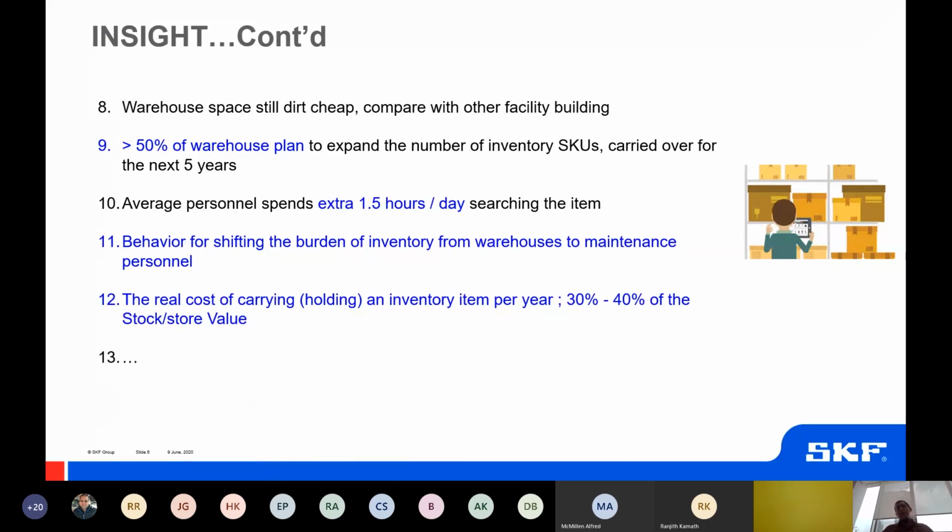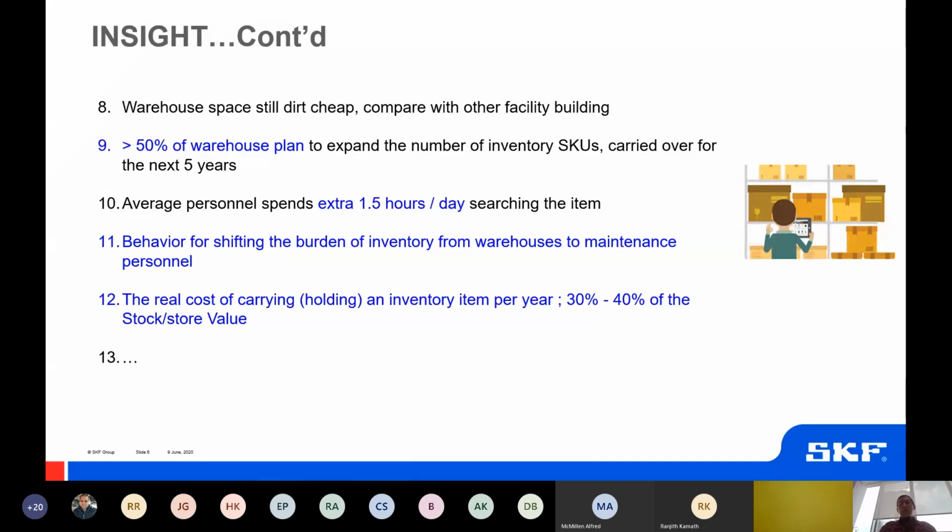Here is another insight that you might, as an organization, think about: there is a behavior of shifting the burden of inventory from the warehouse or logistics to the maintenance personnel. I've seen this a lot, at least in Indonesia.